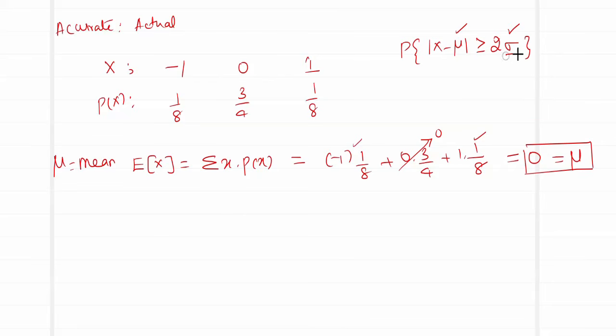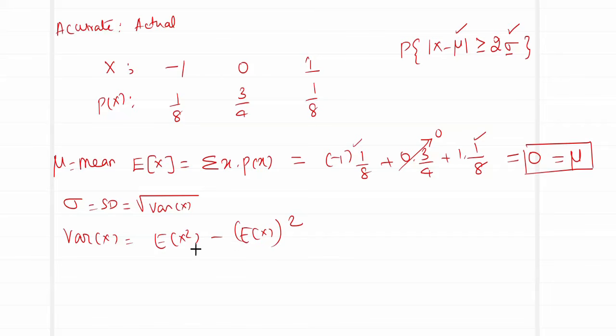Next, moving on to sigma, the standard deviation. The standard deviation is given by the root of the variance of x, and the variance of x is E of x square minus E of x the whole square. Already we have E of x, so let us compute E of x square. The formula is summation x square into probability of x.